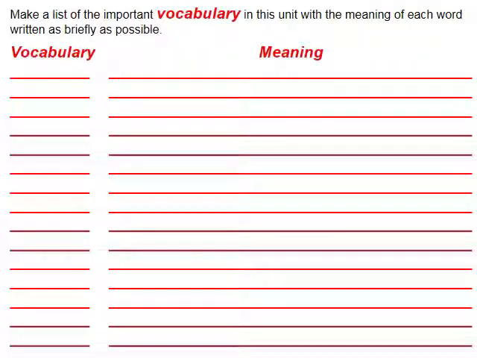You've got to develop a method where you write down the words and you write down the meaning. Now, if you want it to be an effective way of learning, you need to be able to write the vocabulary as precisely and as briefly as possible.